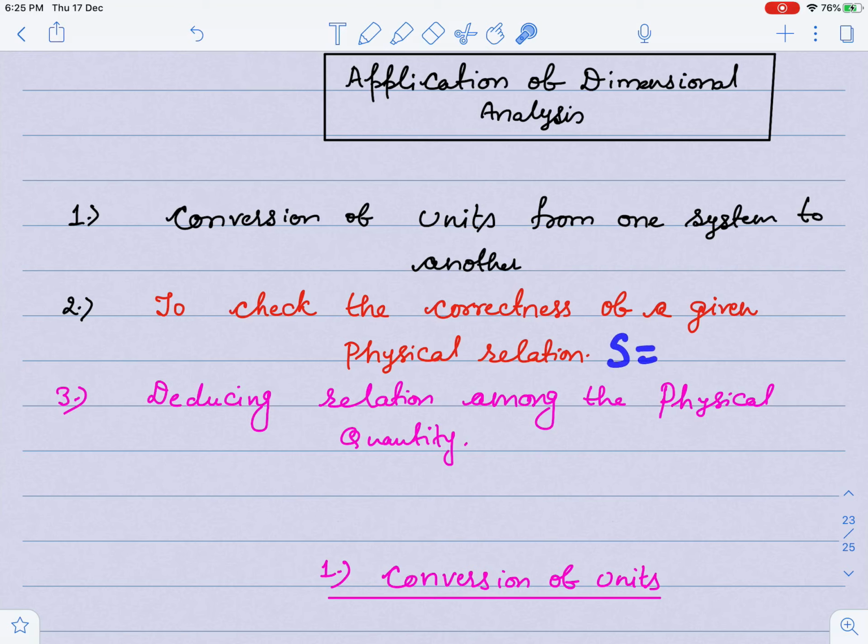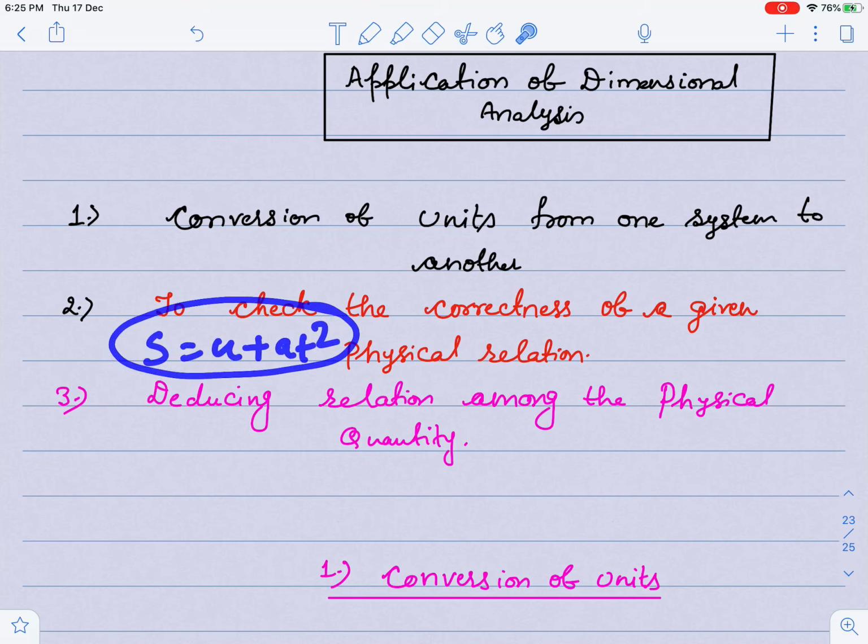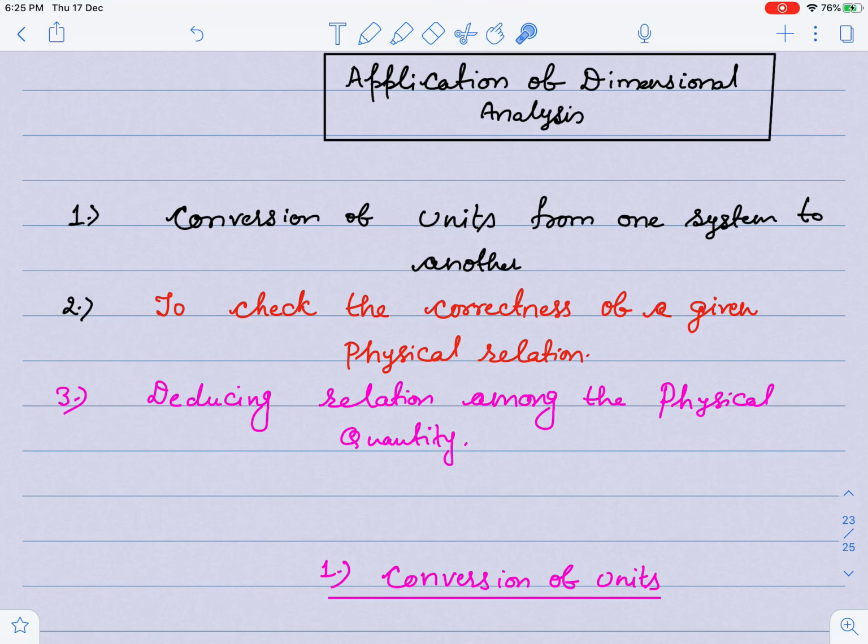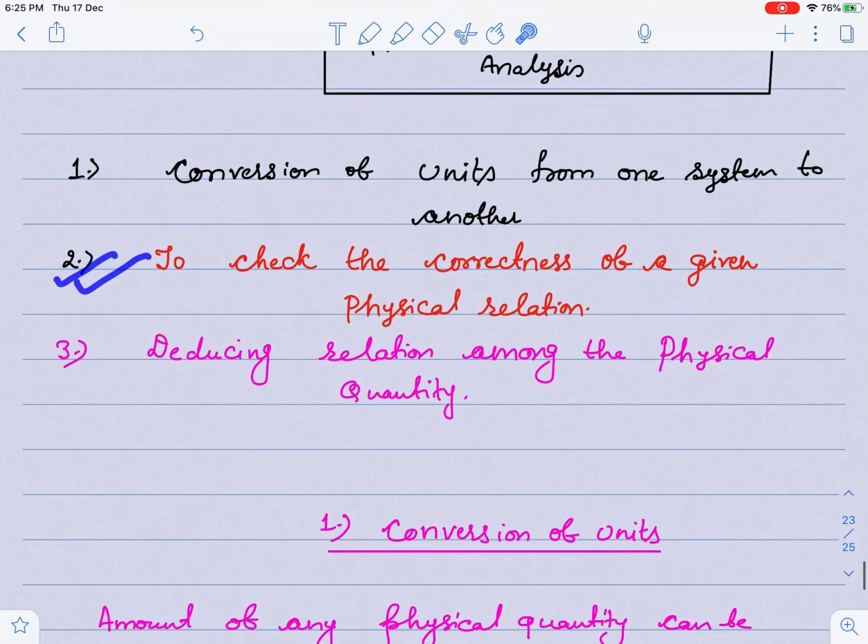Like if someone writes s is equal to ut plus half at square, whether it is correct or not. Or someone can write s is equal to u plus at square, is this correct or not?